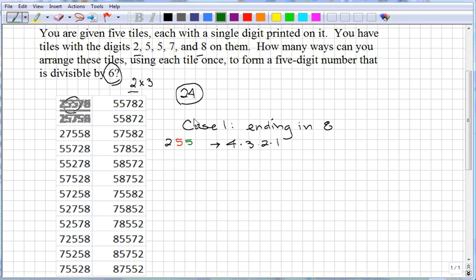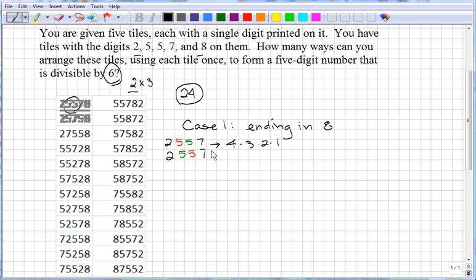Okay, and then a 7. So it's going to assume that this 2557 is different from this 2557.